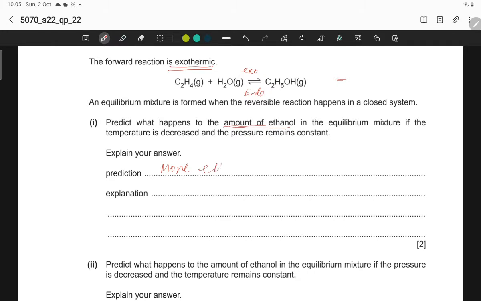The equilibrium will shift forward, to the right side.